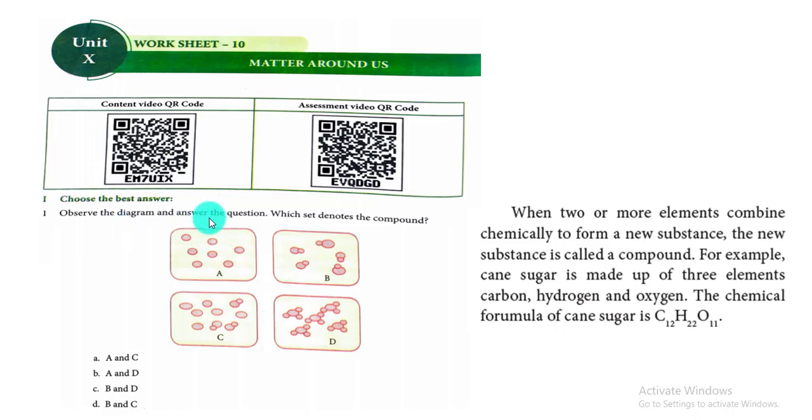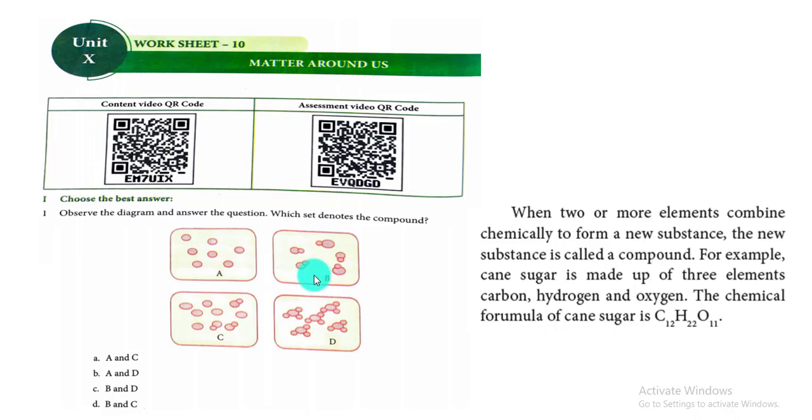Observe the diagram and answer the question. Which set denotes the compound? What is the compound? First you have to know. When two or more elements combine, you will get a compound. Look at diagrams A, B, C, D. Is it a compound? No, it has only a single element. Then P, it has two elements combined here.